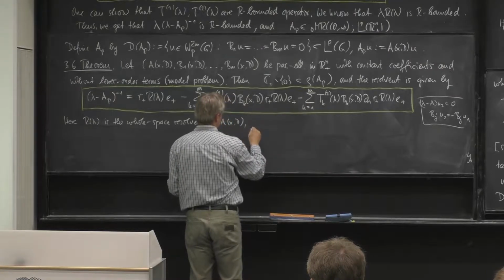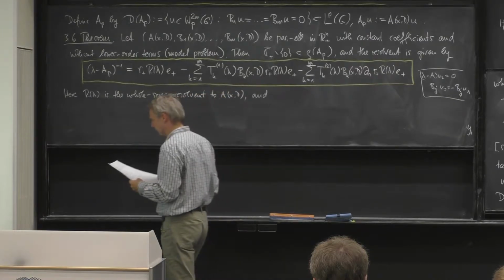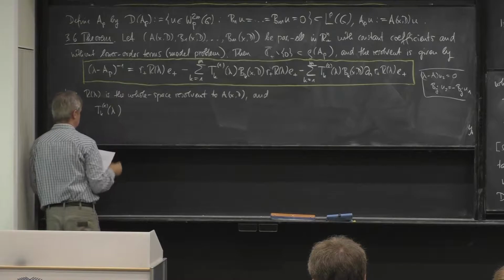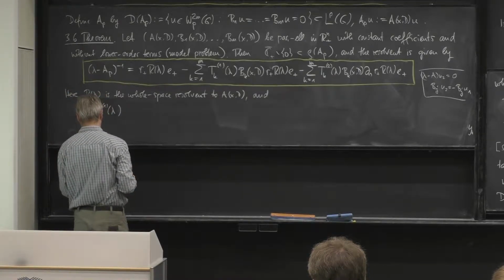And these operators are defined in the following way. So the first, we have an index k running through the boundary conditions.